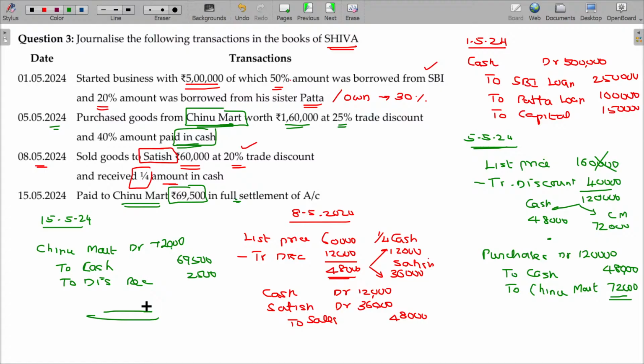In the modern or practical approach, we prepare subsidiary books, from there the ledger is prepared and then the trial balance is prepared. This question I am going to solve using the journal entry, ledger, trial balance. The same question I may again solve using subsidiary books, ledger and trial balance, both the approaches. In practical life, we follow only the subsidiary books approach because that may be comfortable for us. So you need to understand both the methods.